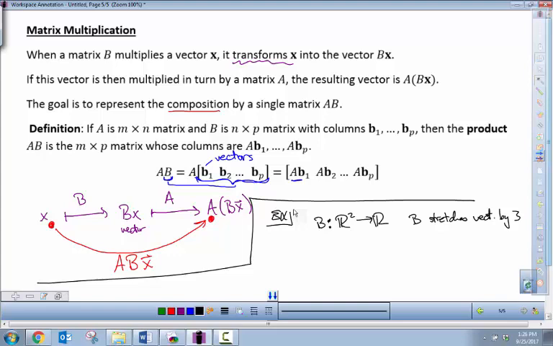And let's say there's another transformation A going from R2 to R2. And then what does A do?